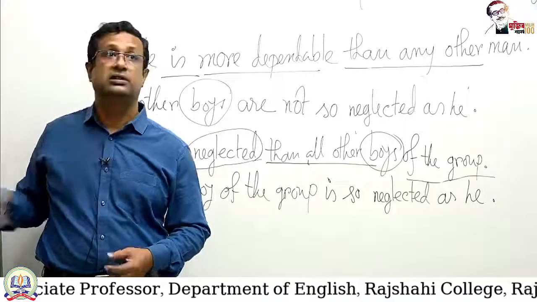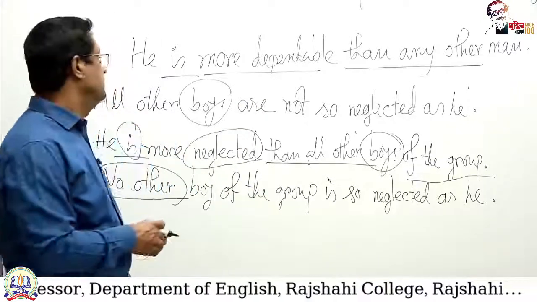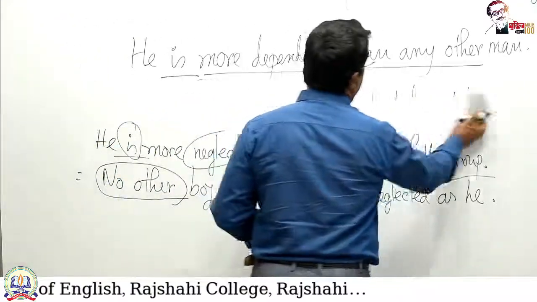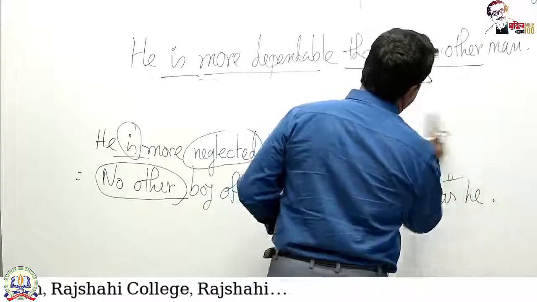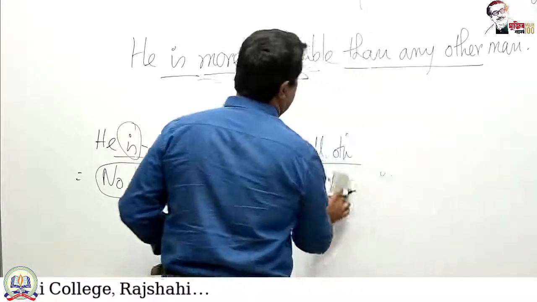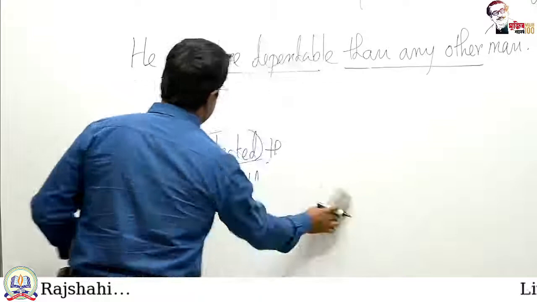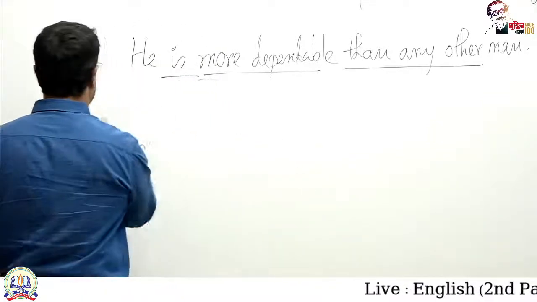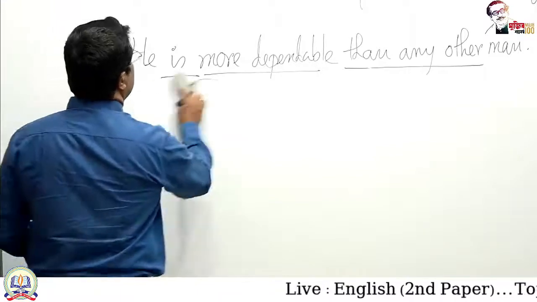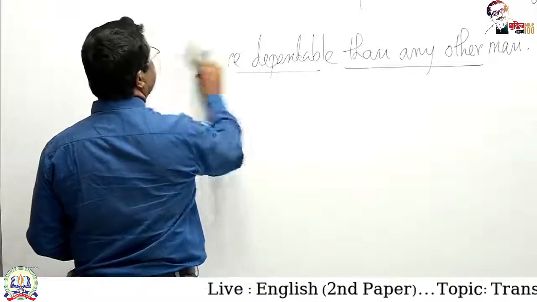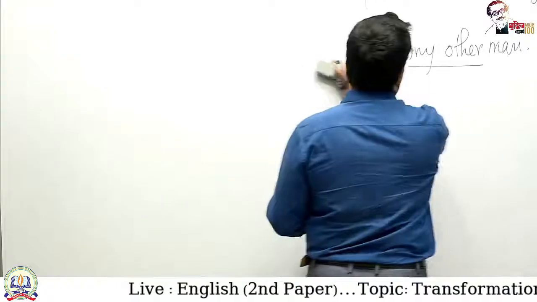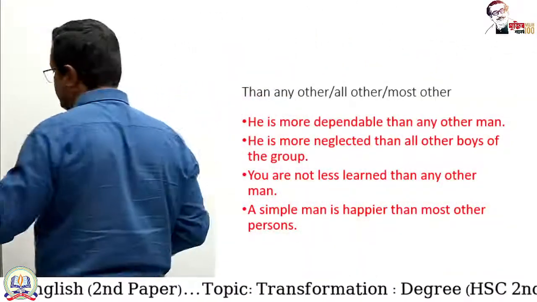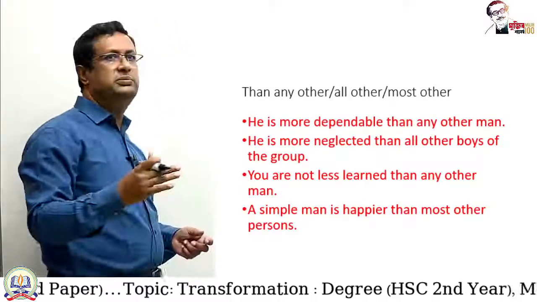Sometimes we find comparative degrees with less. That is, while comparing, we don't increase or amplify the degree; rather, we just lessen or decrease the degree of the adjective. So it tends to be negative.